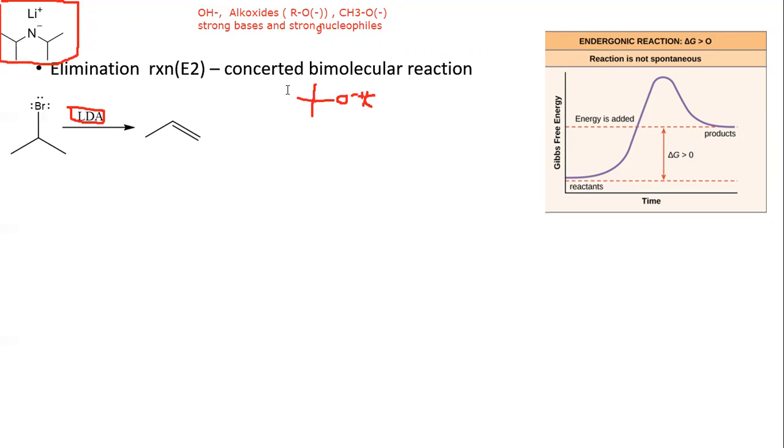Again, those are the two most common examples of a strong base and poor nucleophile: lithium diisopropylamide, LDA, and potassium t-butoxide shown here. These are the only two we're going to cover in this class. As long as you know these two, these are the only strong base, weak nucleophile combinations that we will discuss.